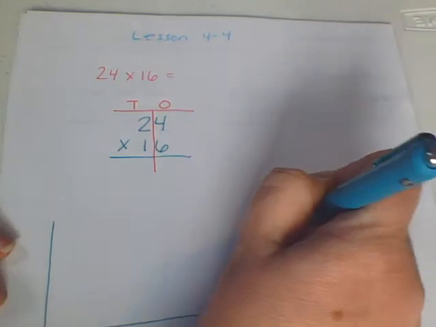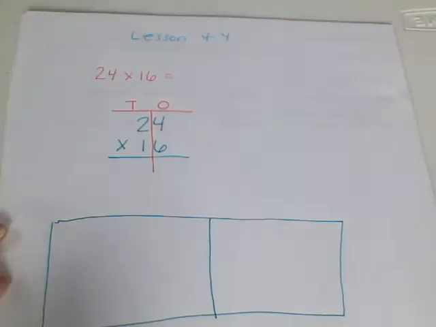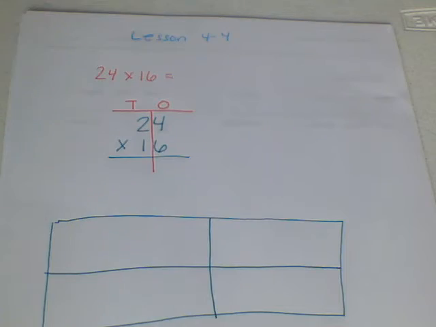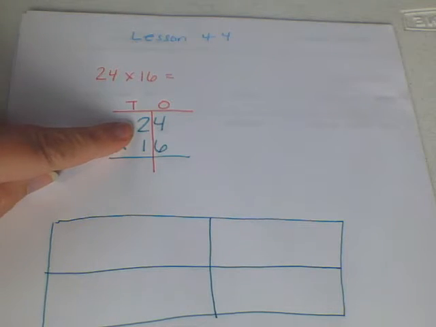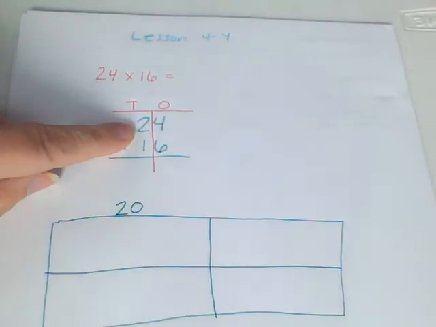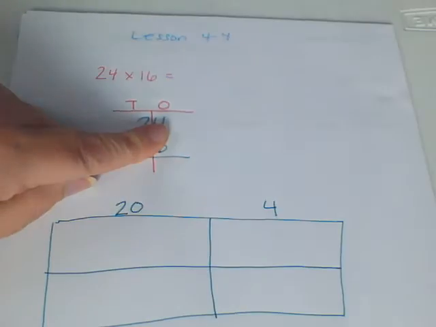So if we look here, we are going to have 2 tens, which is equal to 20, and 4 ones, which is equal to 4.